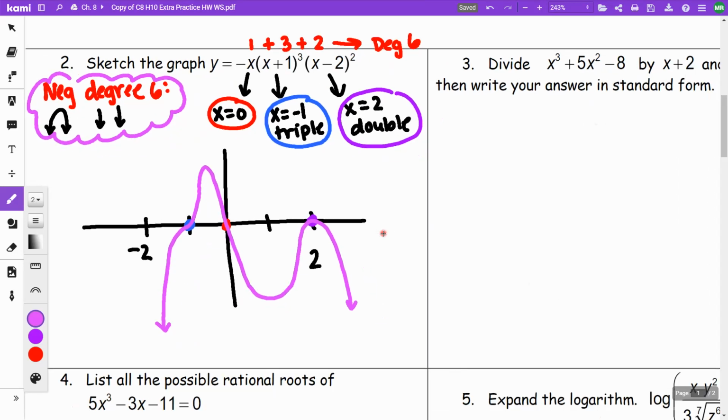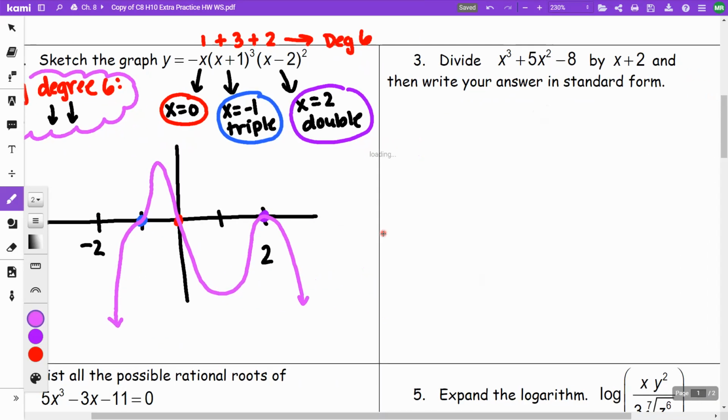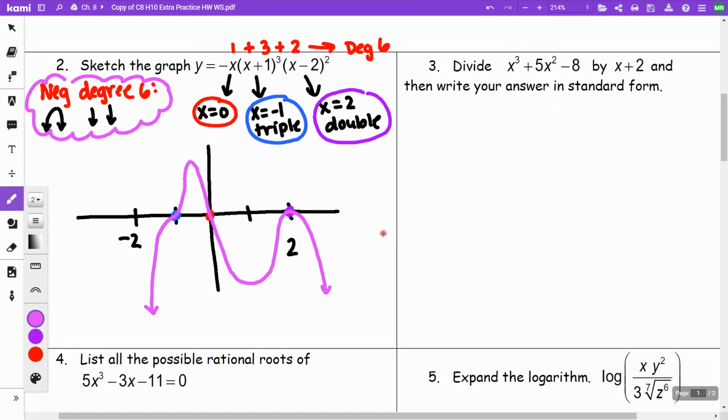On number three, we're going to divide. It didn't say how we're going to divide, but if this is an x plus something or an x minus something, we can use synthetic division instead of long division. So I am going to put a -2 in the box because that's what makes this 0, x equal -2.